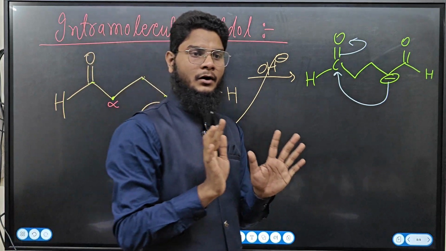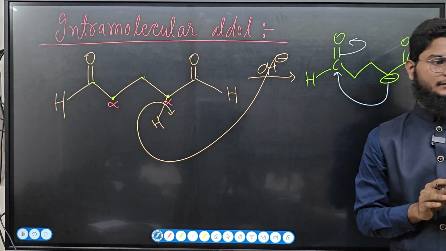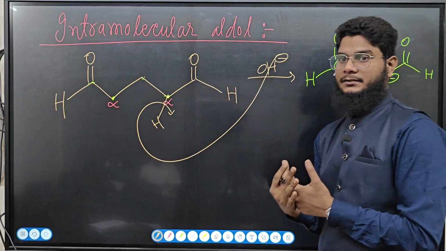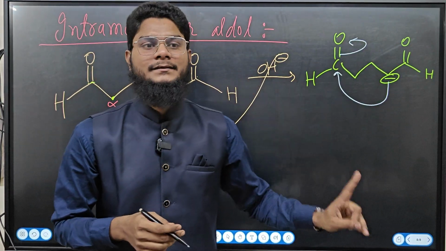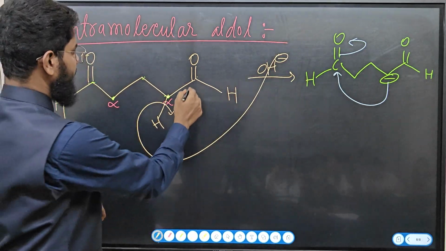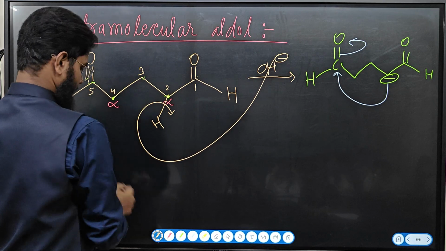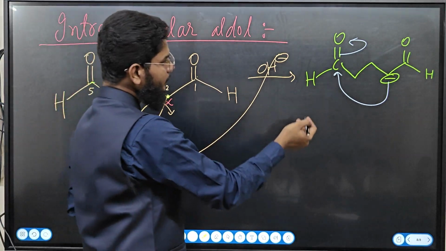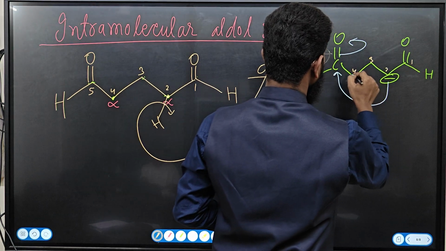Always remember one thing: in a cyclization reaction, when the open chain becomes cyclic, please write the number of each carbon. So this is your 1, 2, 3, 4, 5. There are 5 carbons. Here also mention the numbering, 1, 2, 3, 4, 5.